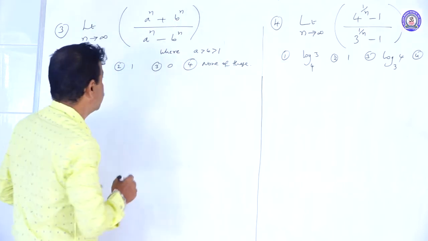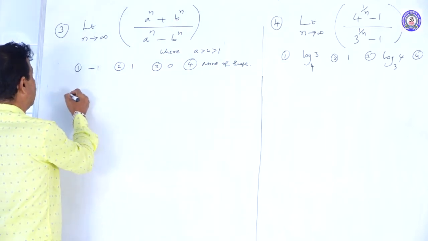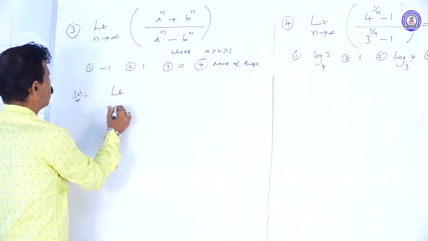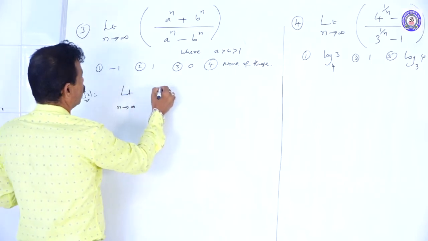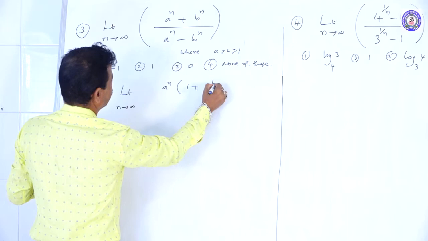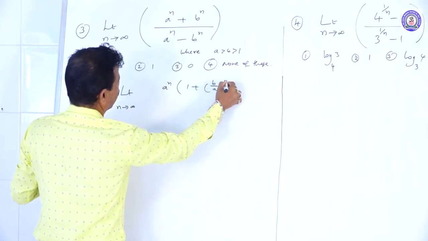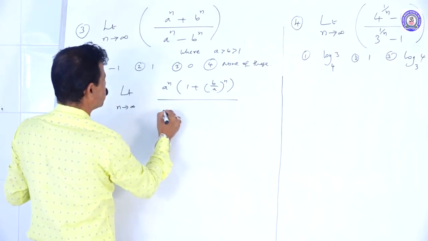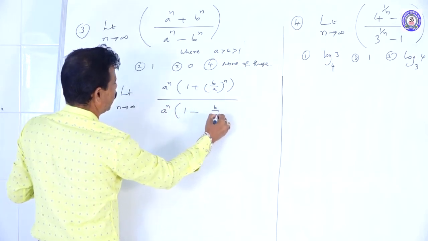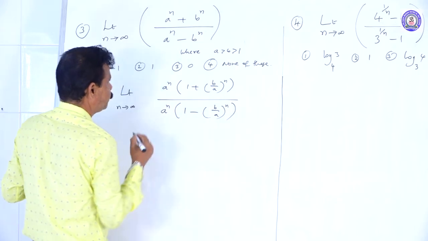So this is arranged as limit n tends to infinity. Here taking a power n common in this, 1 plus b by a to the power n. Denominator also a power n common, 1 minus b by a power n.